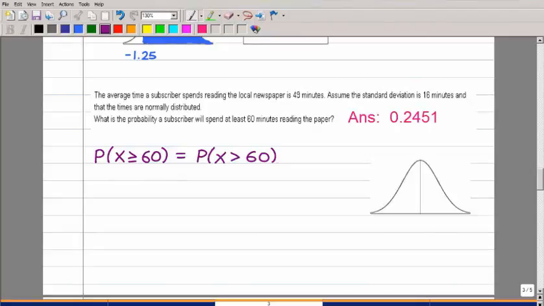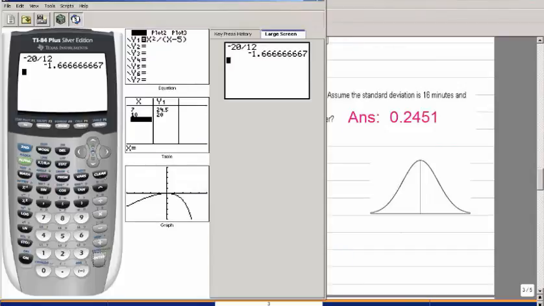So now I have to convert that 60 to a z. So I'll say probability that z is greater than 60 minus 49 divided by 12. All right.